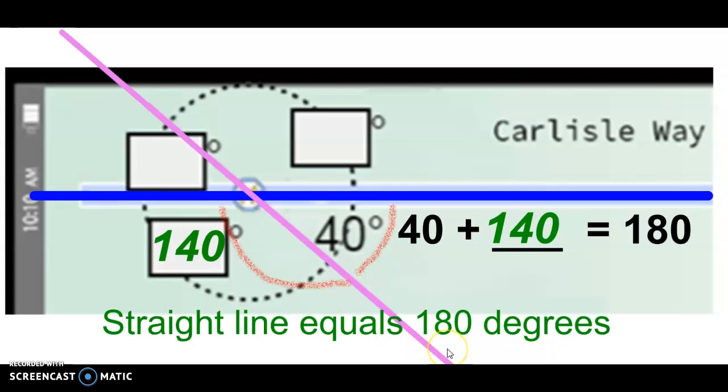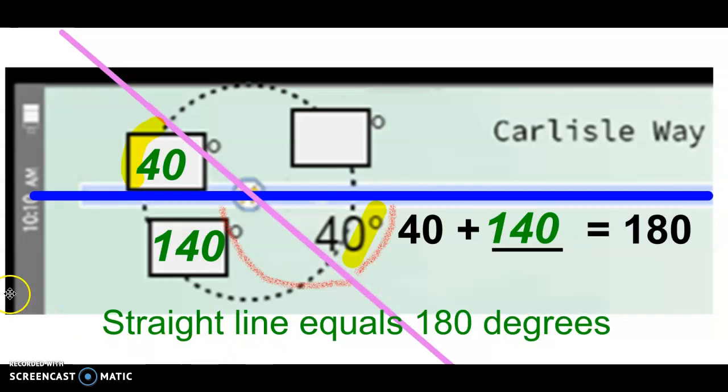The next thing I'm going to do is notice these vertical angles, which means angles that are opposite each other. This one and this one here are opposite of each other, which means they're the same angle. So what are you going to put in here? This number. We know that angle is also 40 degrees.